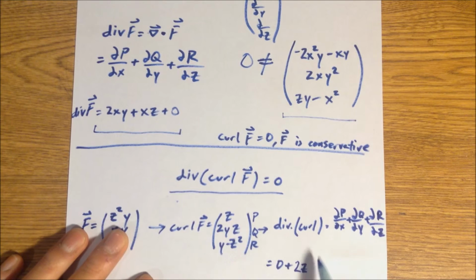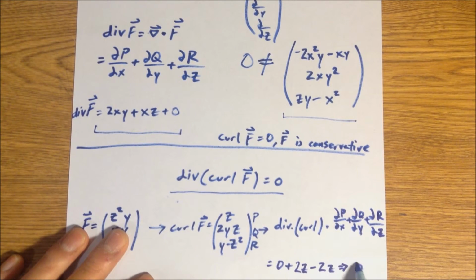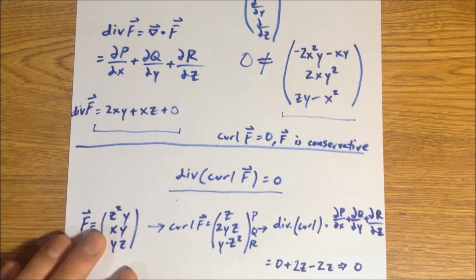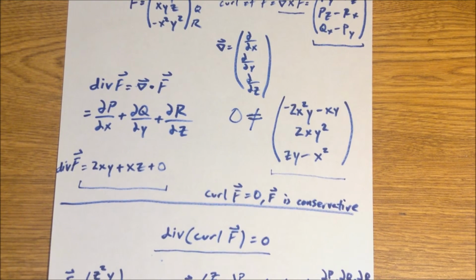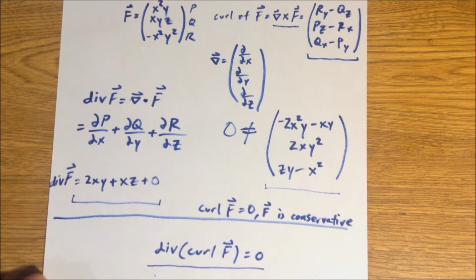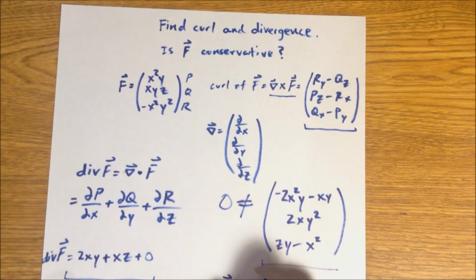Then this is minus 2z, and so this equals 0. That's a neat property of the divergence of the curl. Actually, this should be the 0 vector.